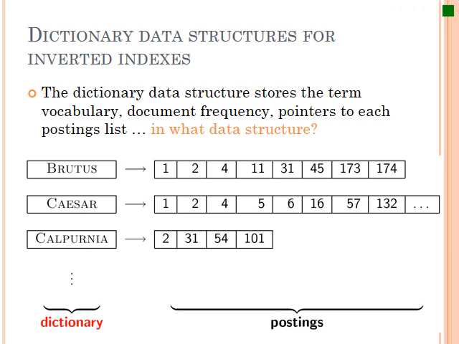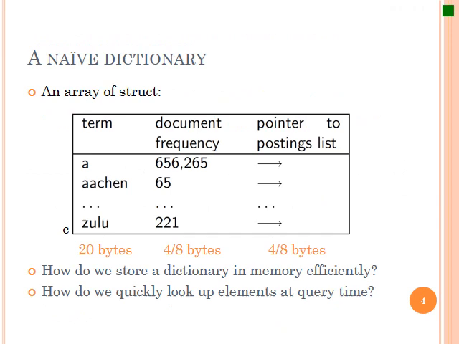So here's what we learned last time. This picture shows you the essential logical structure of an inverted index. We have the dictionary and we have the postings. So how do you actually implement the dictionary?